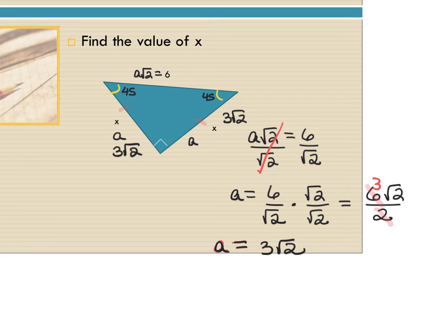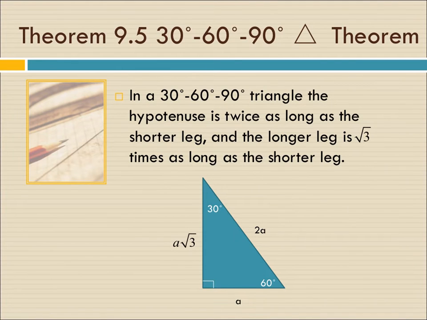So you will need to rationalize any questions that leave a square root in the bottom of the fraction. So be able to find any missing piece given one side of the special right triangle. So this is the first one. Now we're going to talk about the second special right triangle, and this one is called the 30-60-90 right triangle.